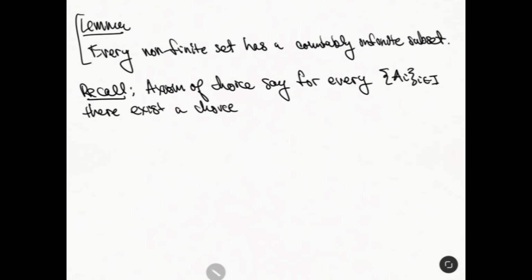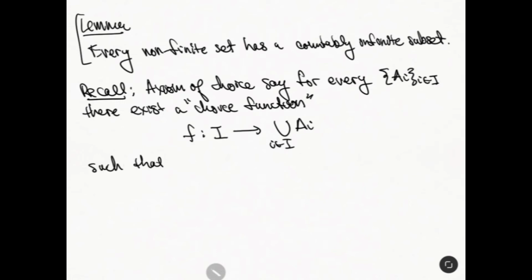So you're able to pick out a single element from this collection, a choice function f from I into the union of the A_i's, such that f of i is in A_i for each i in I.